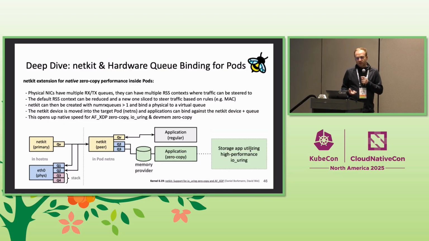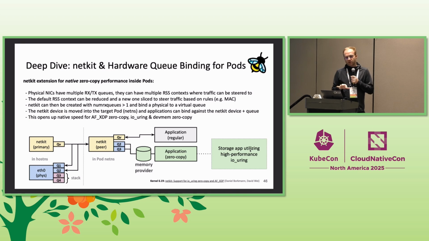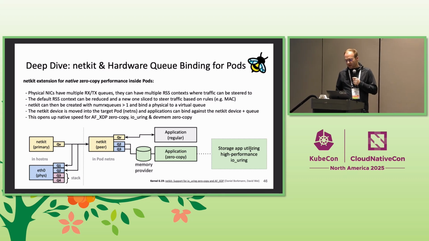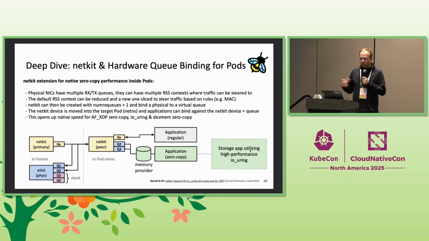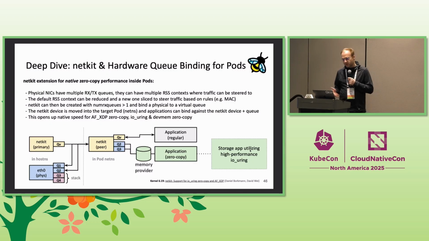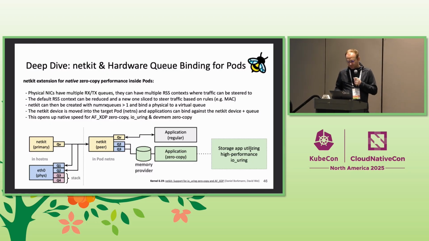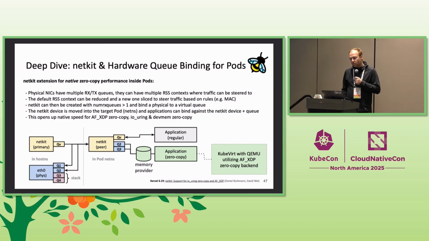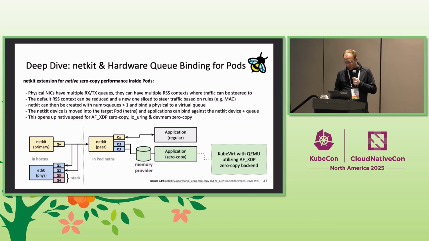The io_uring TCP zero copy got merged this year into the Linux kernel, and that is quite useful for things like storage, where you have very bulky workloads. And last but not least, AF_XDP. QEMU is one use case, but you might also have others.